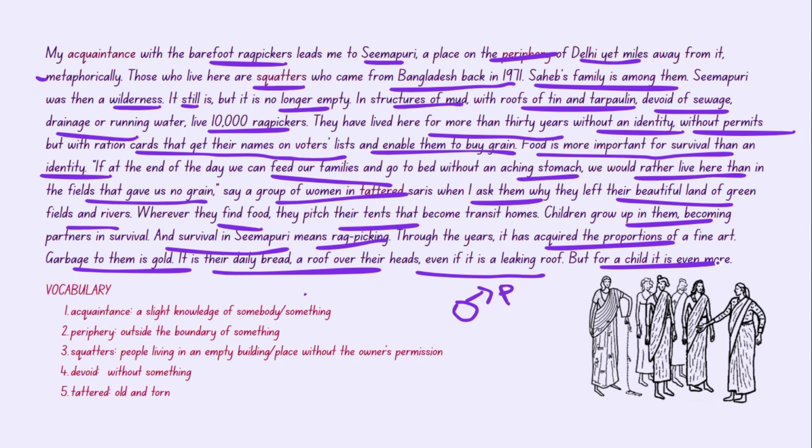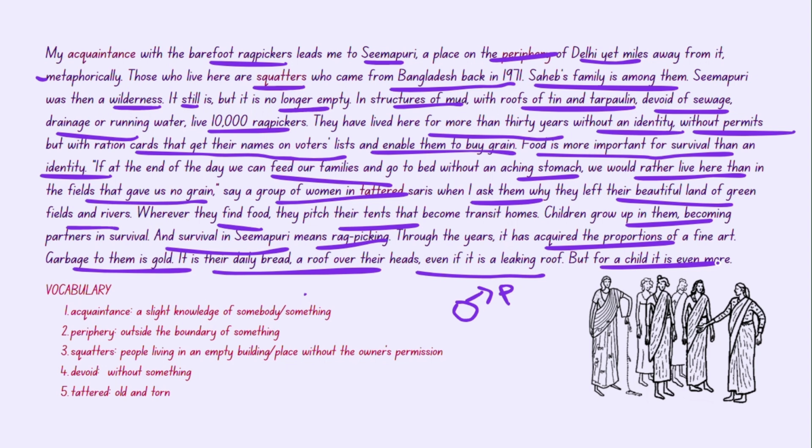These women, in torn saris that were very old and worn out from usage, tell her that if at the end of the day they can give their family food and go to bed without an aching stomach, they're happy to live in this situation. They're happy to survive here. And survival here in Seemapuri actually means rag picking.